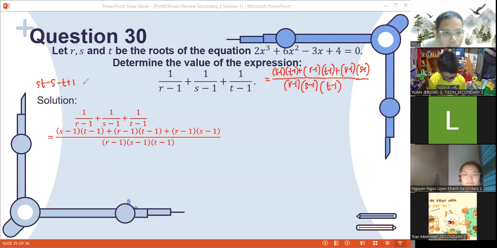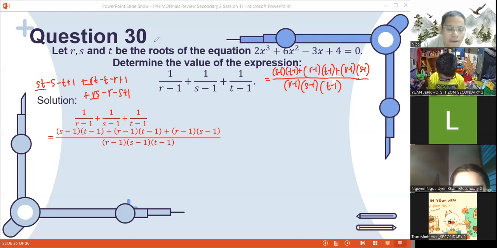Then this one here is plus RT minus T minus R plus 1. And RS minus R minus S plus 1, right? So you have ST, ST, RS, and then we have ST, ST, okay.